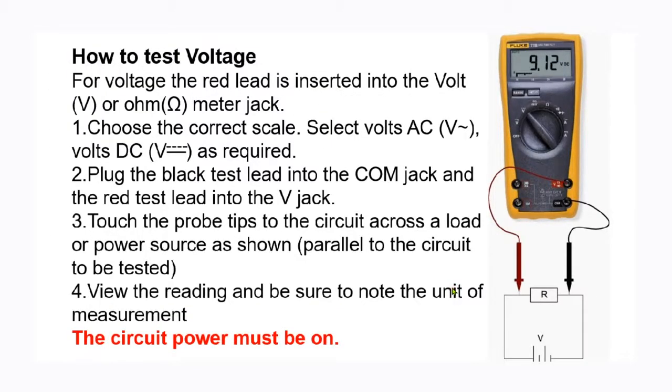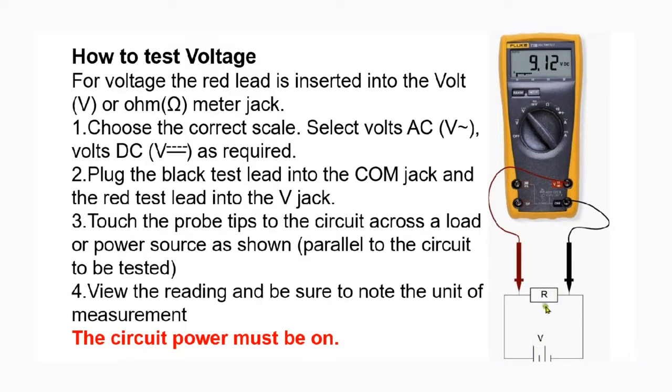The second test that we're going to do is a voltage test. When we test for voltage, make sure that the red lead is put onto the voltage terminal and the black lead is put onto the common terminal, right? The common port. Choose the correct scale. You can either be testing for voltage AC or for voltage DC. And then touch the probe tips across whatever you are testing.